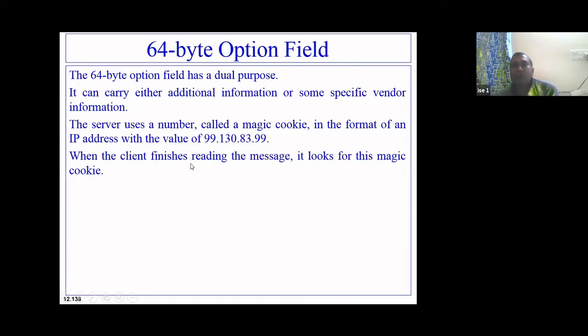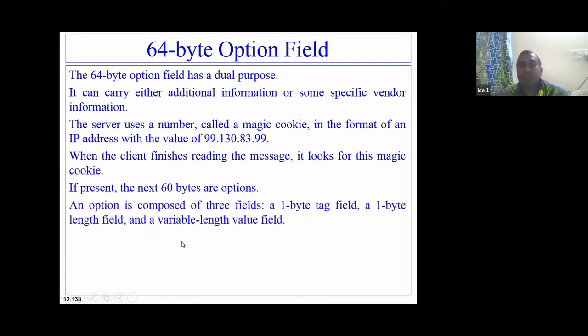The moment server notices this, it knows that option field is enabled. And when client finishes reading this message, it looks for the magic cookie. So the moment any reply comes from the server, it will look for this magic cookie. And if it is there, it will read the options field, 60 byte option field.